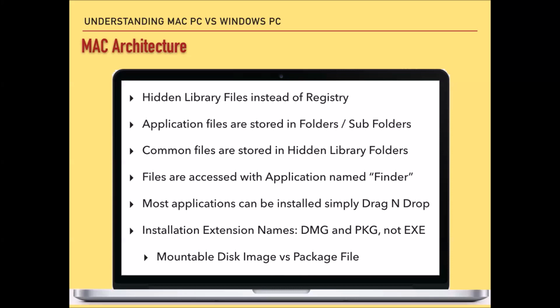Application files are stored in folders and subfolders, and common files are stored in hidden library folders. Files are accessed with an application named Finder. In the Windows world, you're probably used to Windows Explorer, but in the Mac world, it's called Finder.